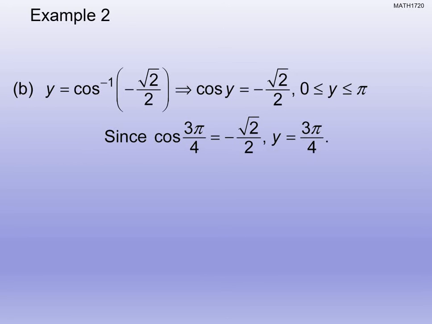That's where we get a negative square root of 2 over 2, based on where we are quadrant-wise. We said it's a 45 degree angle, but we need to know that pi over 4 is the reference angle for where we're located. So that's why we end up using 3 pi over 4 and not pi over 4 when we do this problem.